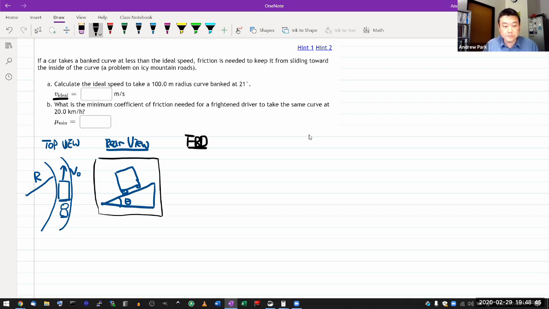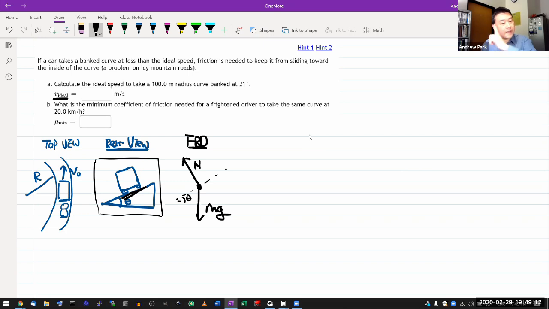That's why we draw this rear view at all. So I like to draw gravity first. You always have gravity, mg. And here, what keeps the car from accelerating downward is this surface here. And because that is at an angle, theta, normal force has to be in this direction.